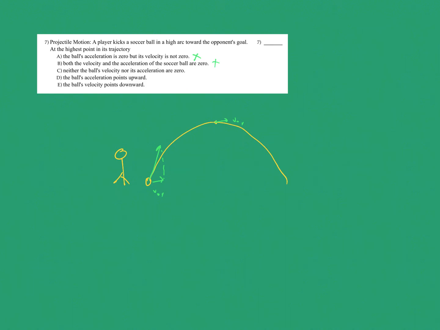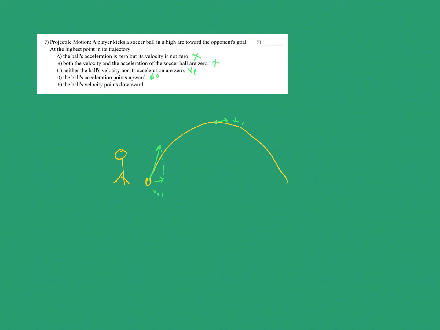No. The acceleration is not 0, and the velocity is not 0 either. The acceleration points upward? No, the acceleration is always downwards.